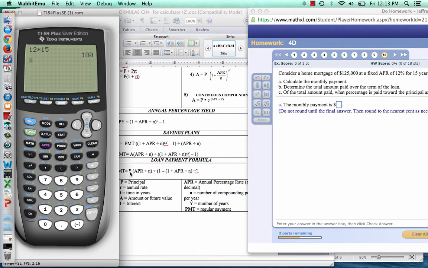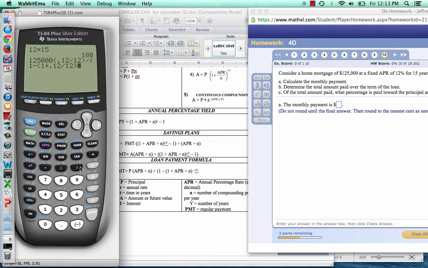Okay, so following the formula, the principal is the 125,000. 125,000, parenthesis, times the APR, which is 0.12, divided by 12, parenthesis, divided by, parenthesis, 1 minus, parenthesis, 1 plus the APR, which is 0.12, divided by 12 again.